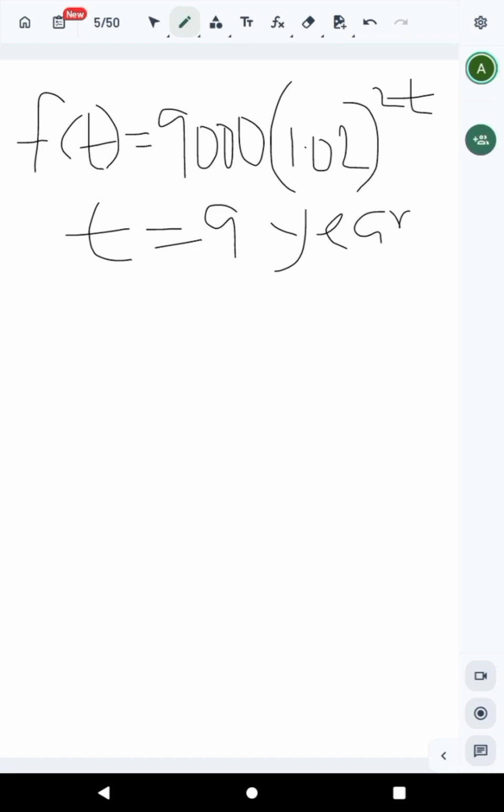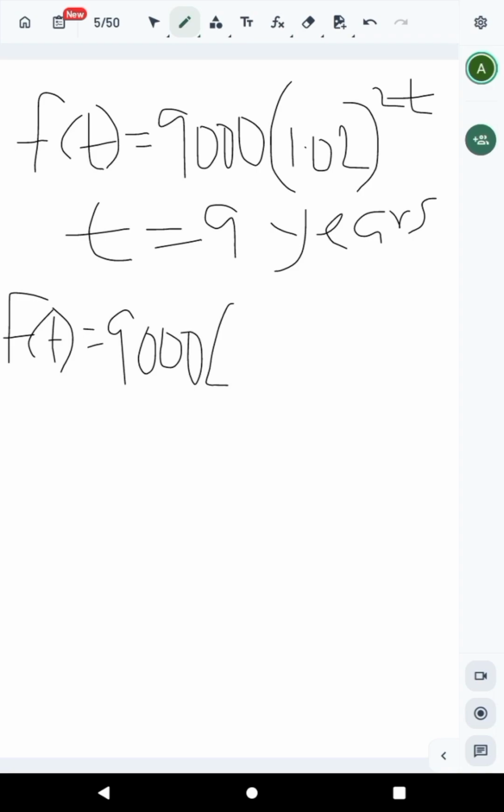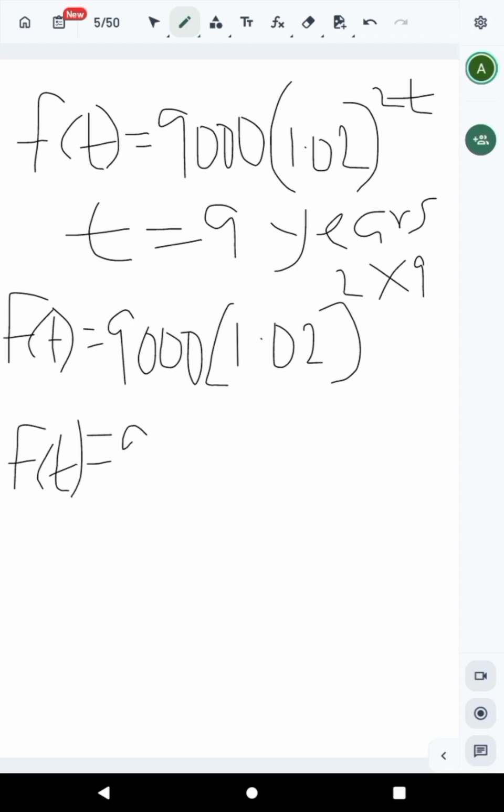So all we need to do here is replace t with 9. We're going to have f of t equal to 9,000 open bracket 1.02 close bracket, raised to the power of 2 times 9.